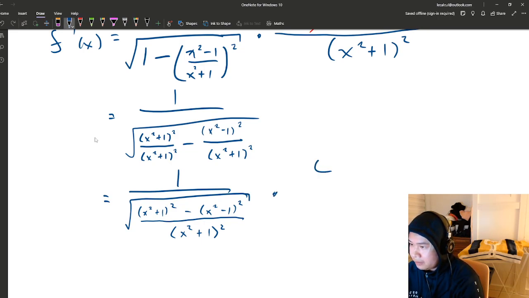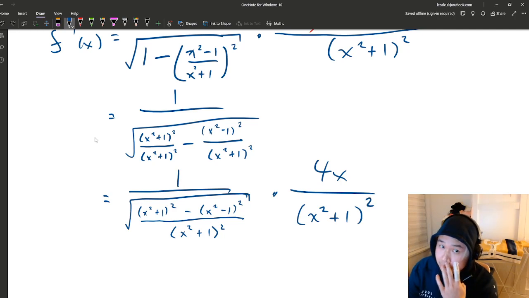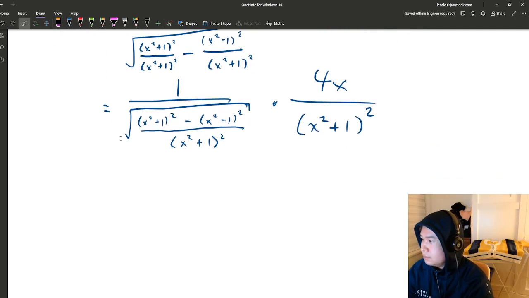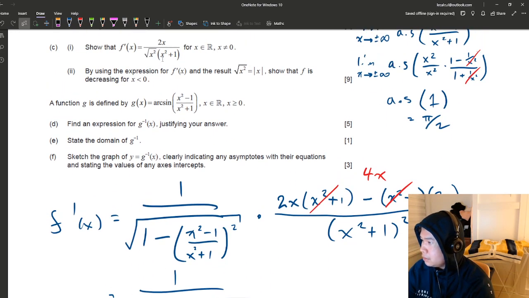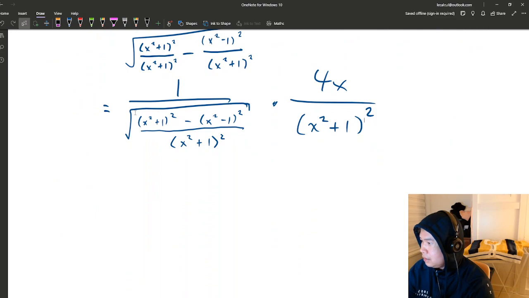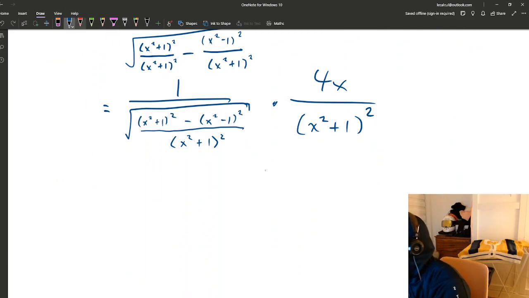And then we had a 4x here and an x squared plus 1 here. Okay, my square root should only be x squared, so I'm going to need to simplify this further. Oh yeah, okay.